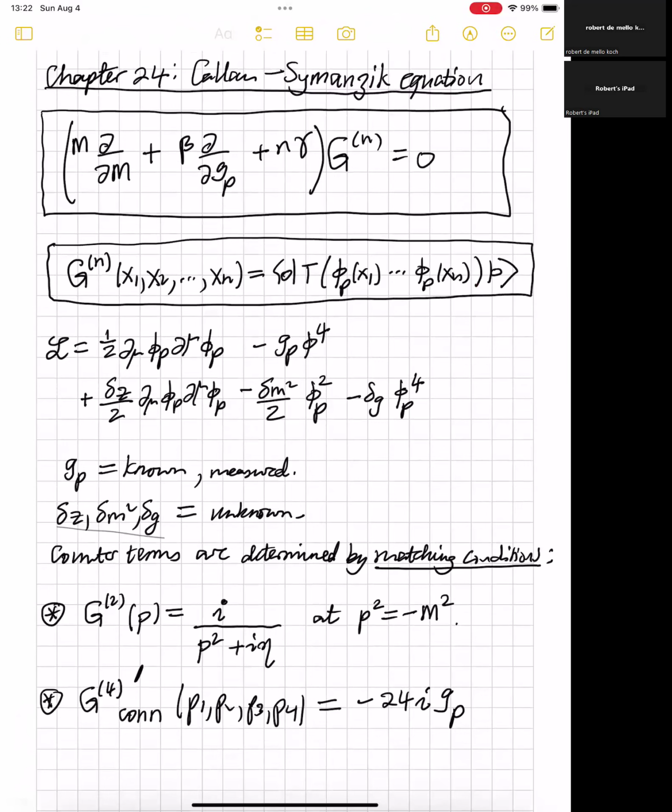This is what you would have written down for your second matching condition. Here comes the difference. We're going to require that (P1 plus P2) squared is equal to (P1 plus P3) squared is equal to (P1 plus P4) squared is equal to minus m squared. And why are we doing this? Again, these choices of the momenta do not correspond to any physical state.